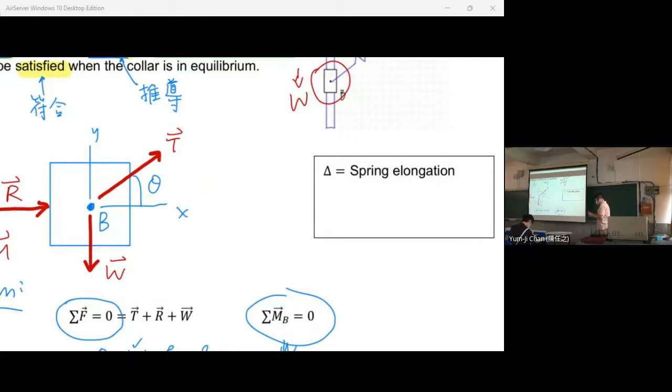Spring elongation, or if you think this is easier to understand, it is change of length.